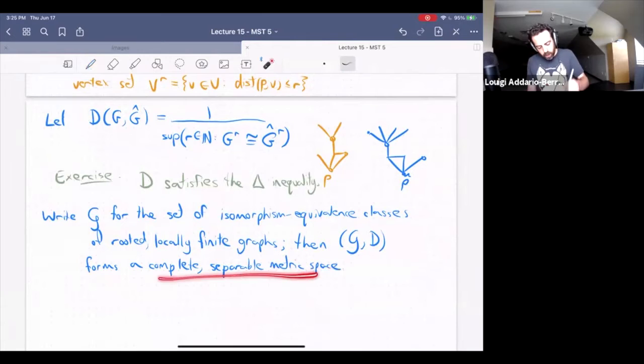These are the sorts of spaces that we like to do probability on. For those who haven't seen much probability beyond Euclidean space, countable additivity is a big part of the foundation of rigorous probability. It's right in the definition of sigma algebras. Completeness is very natural for analysis, and separability means that there's a countable dense subset.